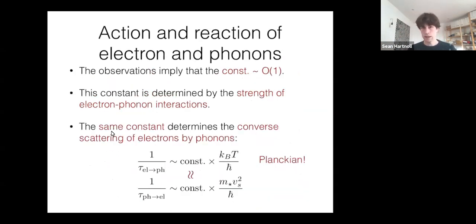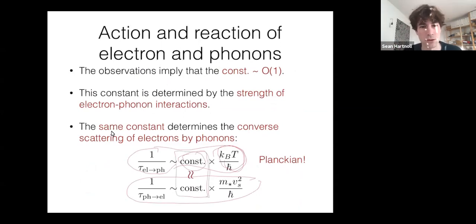So here's this calculation, the one I just told you. Phonons can be scattered by electrons, but electrons can also be scattered by phonons. And as you know, at these high temperatures, that's going to be given by T. And there's also a constant here. It turns out, if you do this calculation, that these two constants are the same order of magnitude.